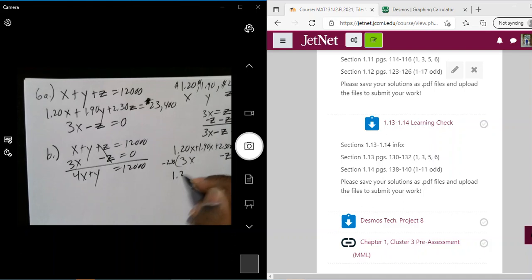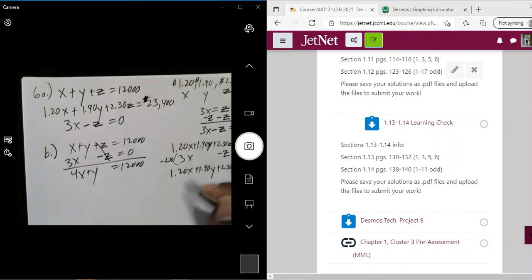So you have 1.20X plus 1.90Y plus 2.30Z is equal to 23,400. Now, I didn't leave myself enough room, but I trust that you all will. So this would be a negative $6.90X.